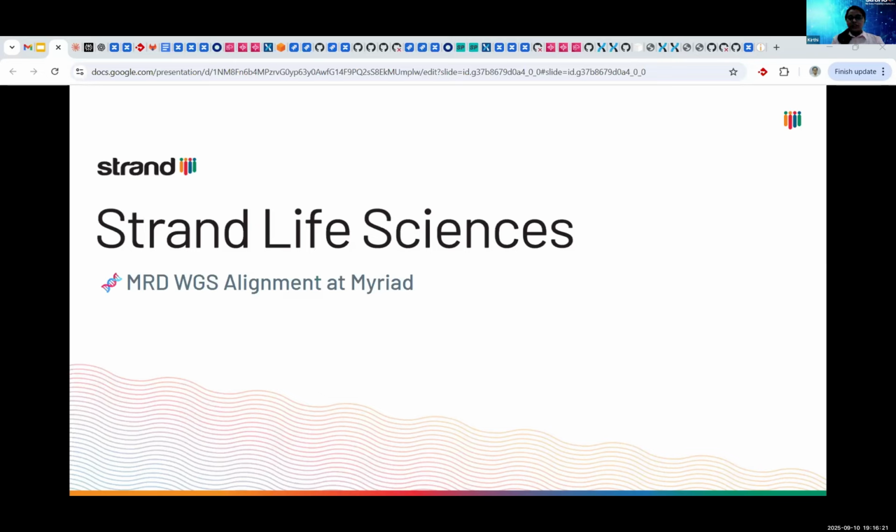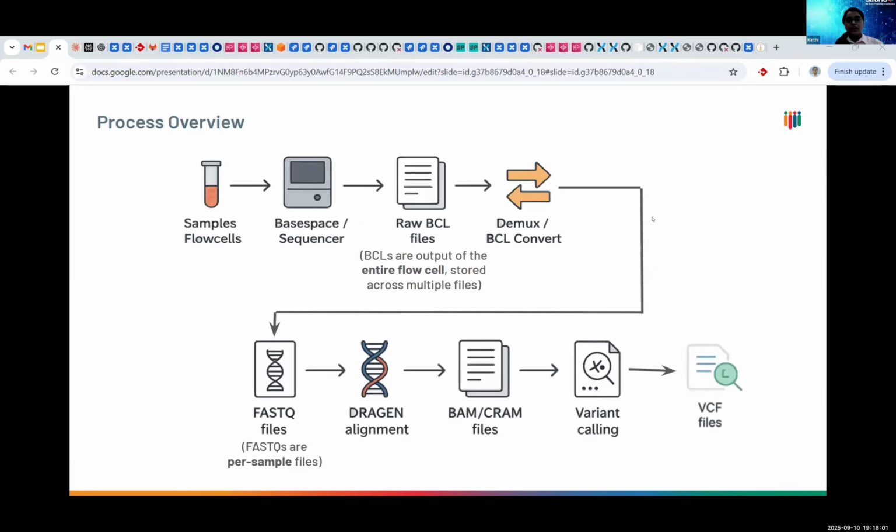I'll also give a deeper look into the architecture and two of the main workflows being used here, demultiplexing and DRAGEN alignment, and how we implemented them using AWS Step Functions so that we can ensure reliability.